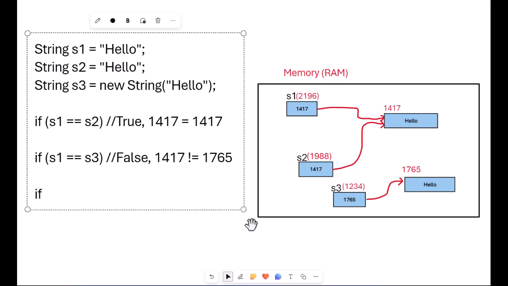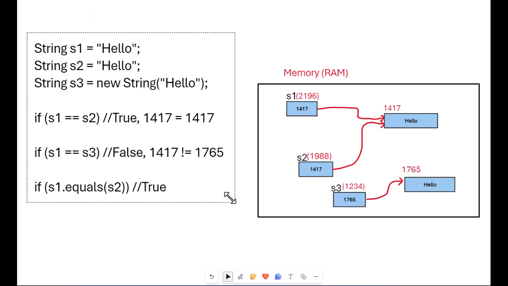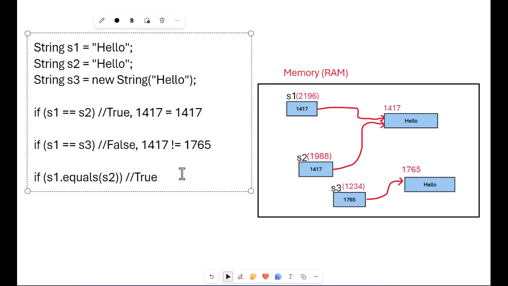But if I do if s1 dot equals s2, alright, this is definitely true. Now what I am comparing over here is whether hello is equal to hello as two strings, and they are identical, they are the same.